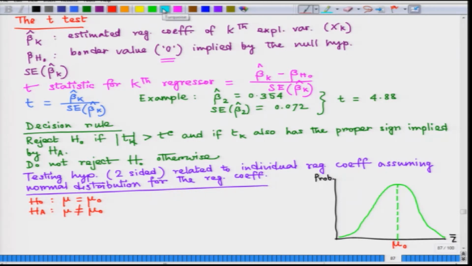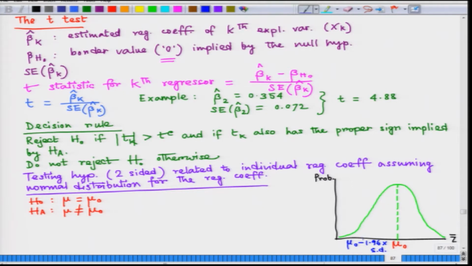Now there is a result that we can adopt which states that there is some critical value given by mu naught minus 1.96 times the standard deviation of this random variable.